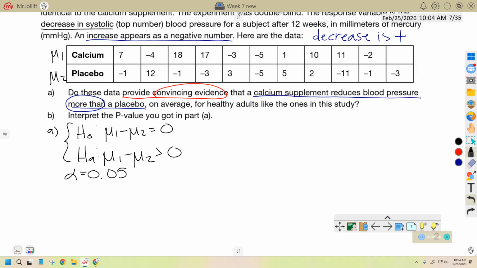The test statistic and the p-val. Good, test statistic and p-val. And so I have to ask myself, Z or T? And I think this is a T because I was only given sample data. So this is a T test statistic. We write the formula with symbols first.